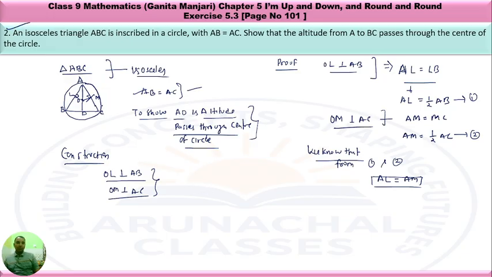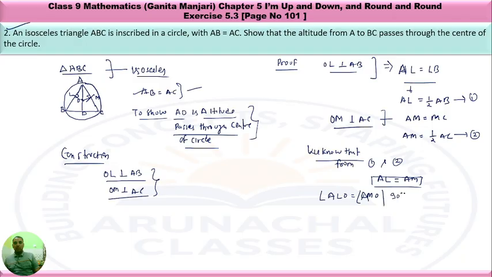Now AL is equal to AM. So here the angle ALO is equal to angle AMO. Why is that?